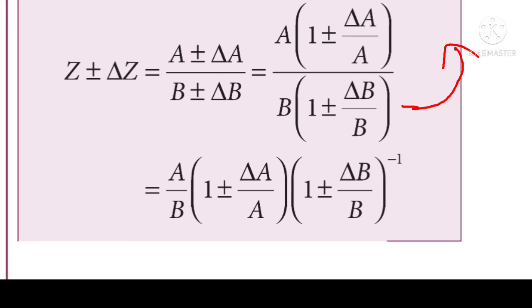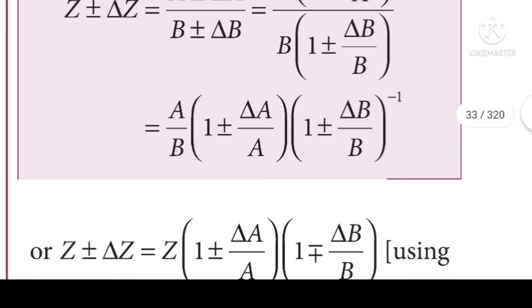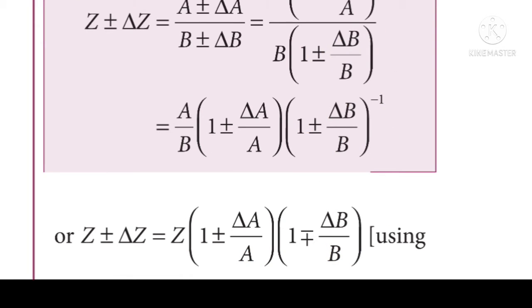When it comes to the numerator, the sign of the power will be changed. And the equation becomes Z plus or minus del Z is equal to Z into 1 plus or minus del A by A into 1 minus or plus del B by B.